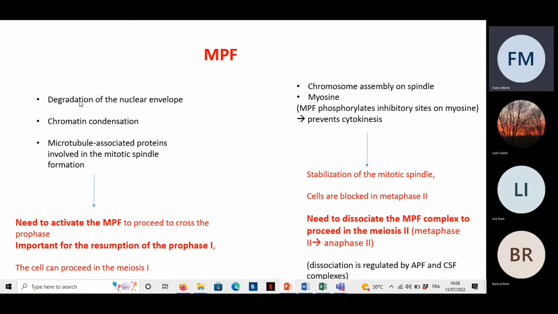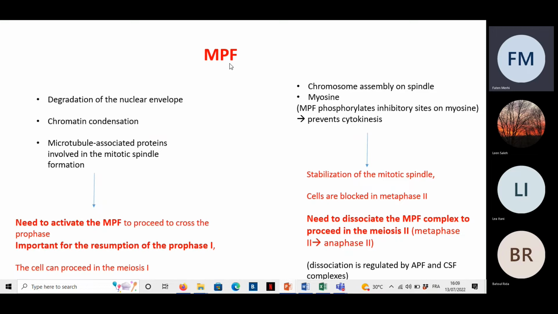From one side, it leads to the degradation of the nuclear envelope and the chromatin condensation. And thus it will lead to the exit of the cells from the prophase, because when the meiosis starts, we need this degradation of the nuclear envelope and the chromatin condensation in order to proceed in the meiosis 1, to end this prophase 1 and to proceed in the meiosis 1.